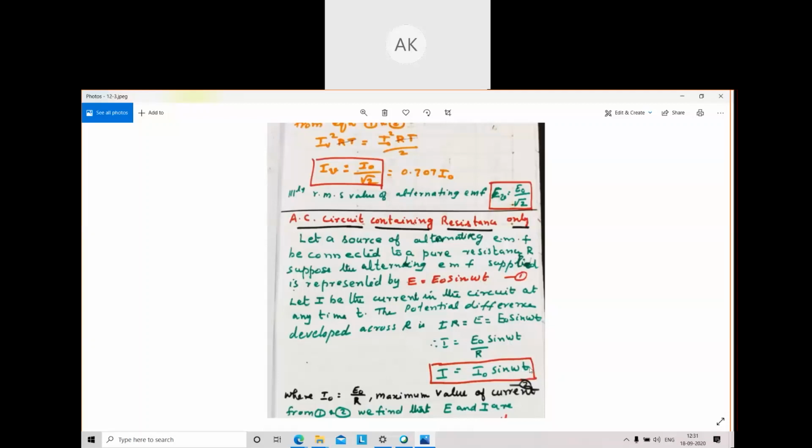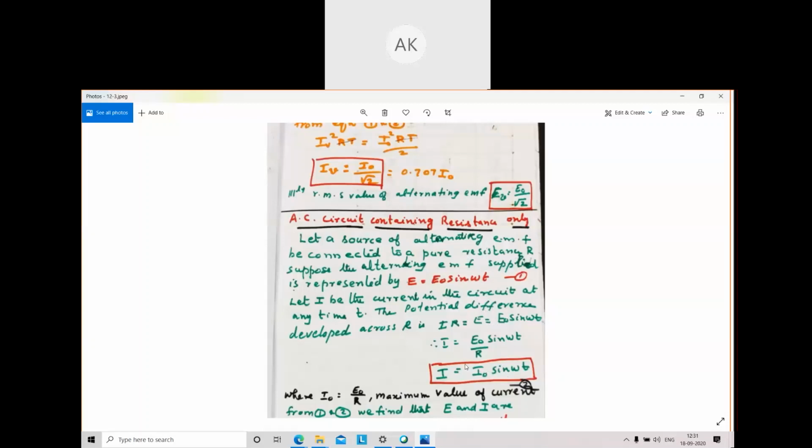If we get an equation like omega t plus pi by 2, or minus pi by 2, or plus pi, then we can say there is a phase difference. Here both are omega t, so we can say both are in same phase. So when AC is sent through a resistor, EMF and current are in same phase.